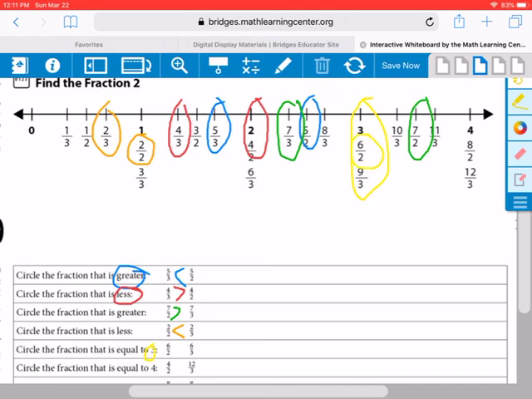And I can see 6 divided by 2 is there. Numerator is the same. Smaller denominator is the bigger fraction. So I see 6/2 and 6/3. So it's going to be 6/2.